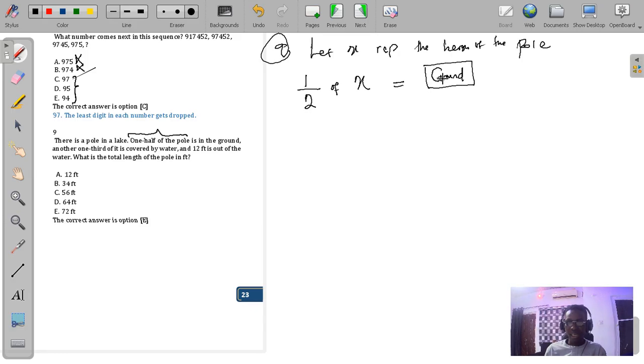Then the next thing for us to do from here is to go ahead and interpret the second statement, which says another one third. What is one third? How will I write one third in a mathematical way? No, one third. Try again.